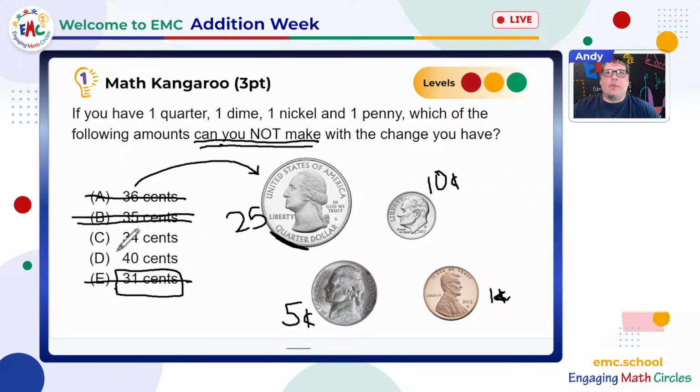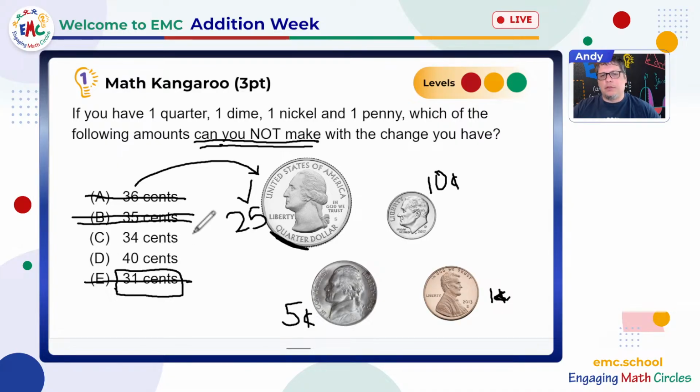Okay, how can I make 40 out of this? Which coins do I need? Definitely need our 25. Everything's bigger than 25 so far. Well, can I make 34? Can I make 40? No. I don't know which one.